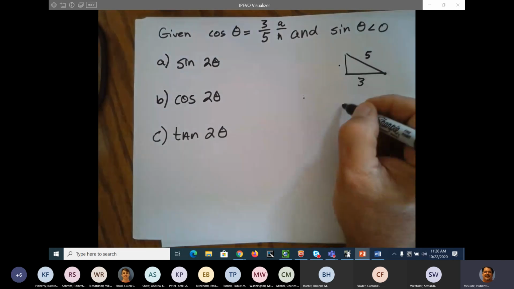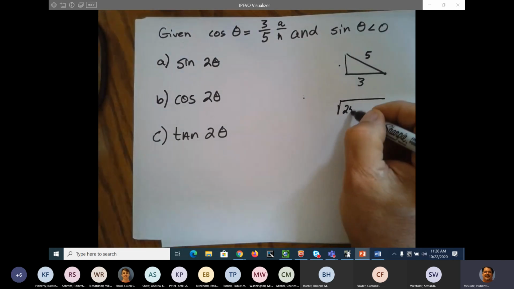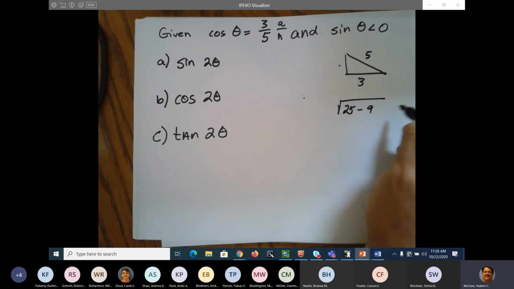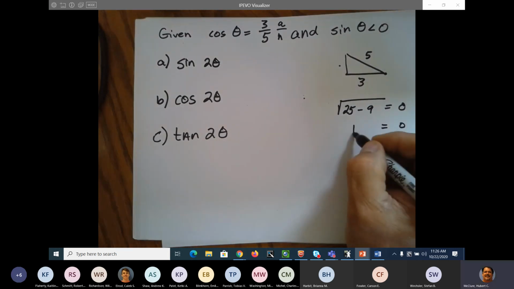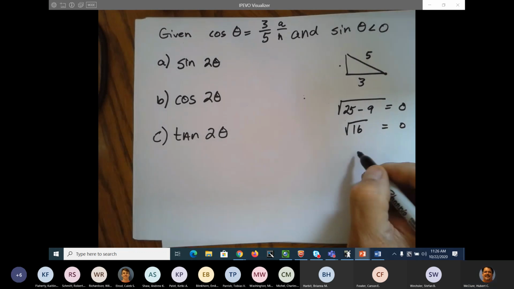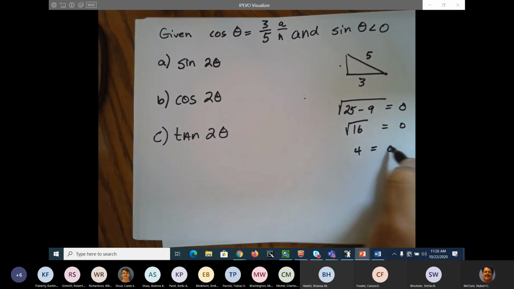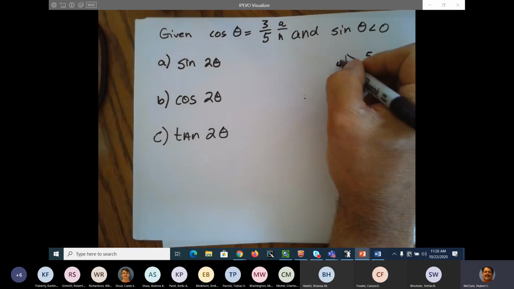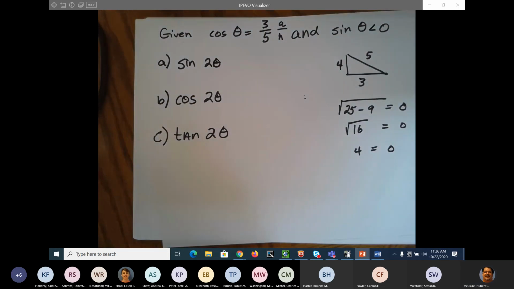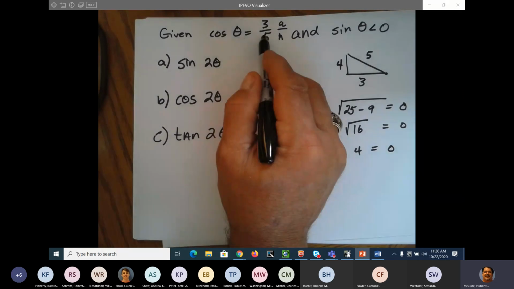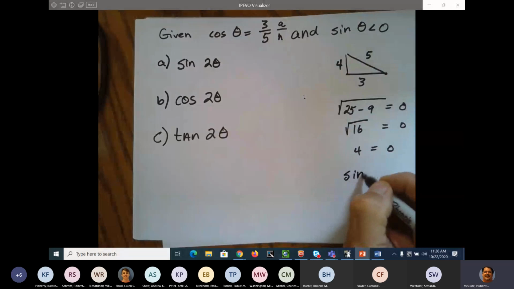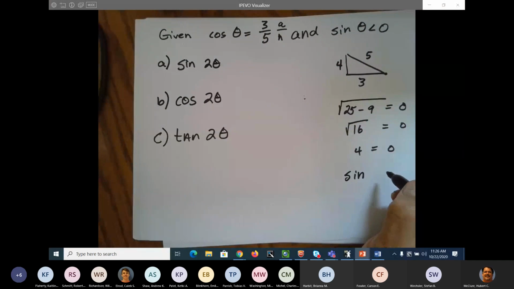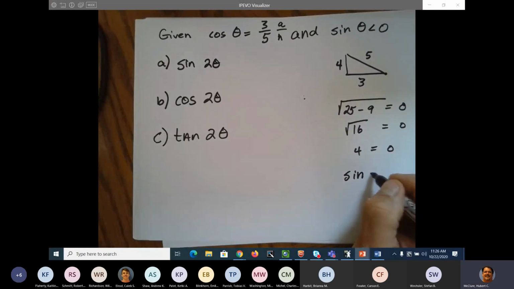That's going to be the square root of 25 minus 9, and the square root of 16 is 4. So we know that that's 4. So if I know that the cosine is 3/5, now I know that the sine is what? Oscar had 4/5.